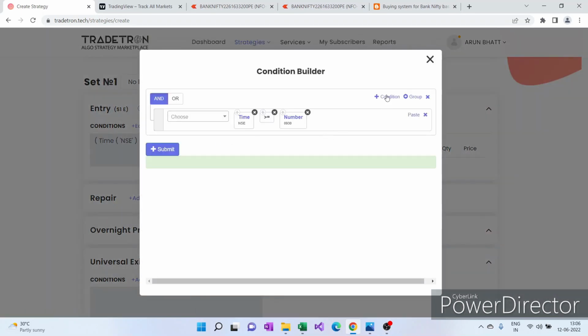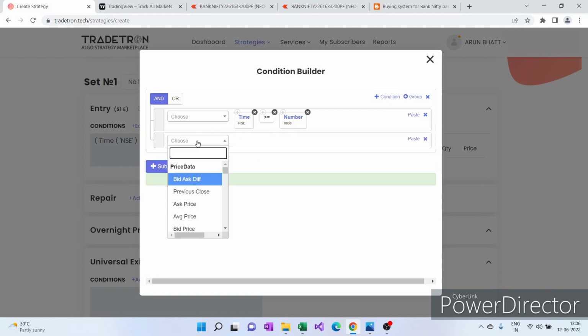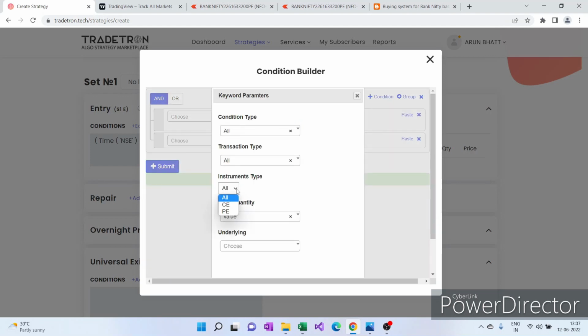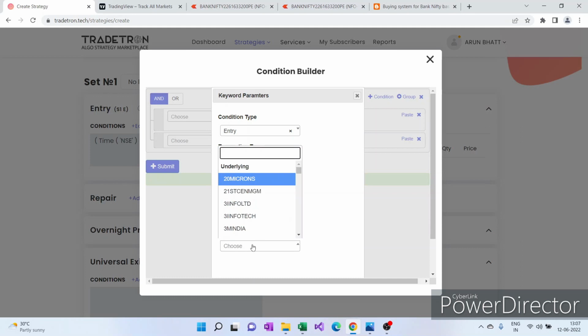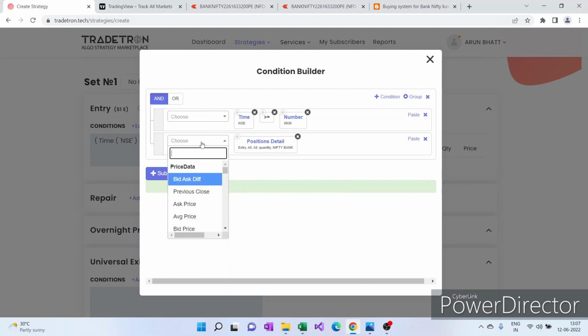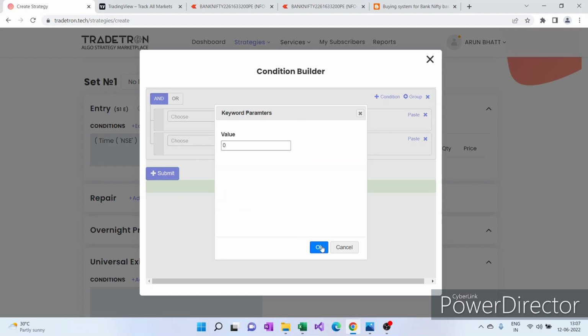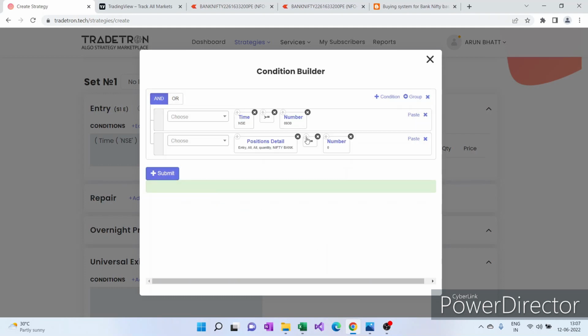And because I want to take this set condition, position detail will be checking if the quantity of all entries is zero, for Bank Nifty. So here we have made sure that we'll enter only once.